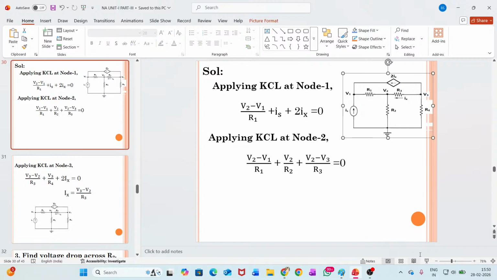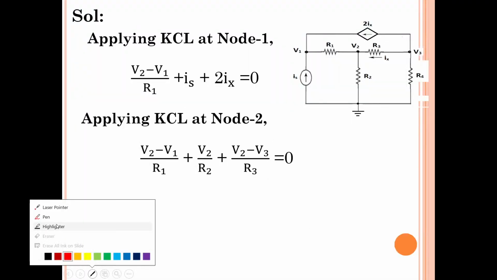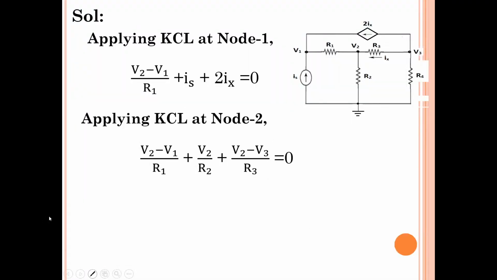Because I will just expand it and tell you. I always prefer either all currents entering or all currents leaving, because then we can simply add all the currents together.